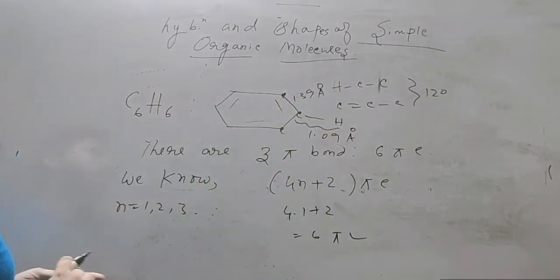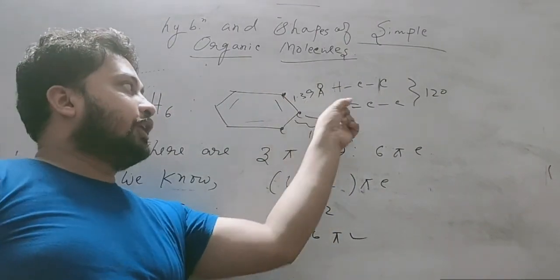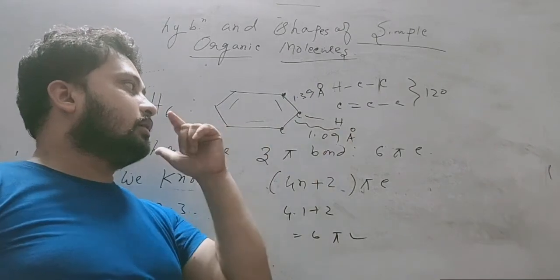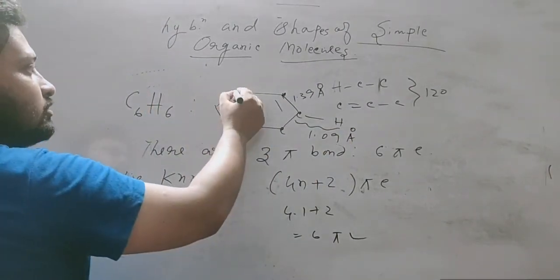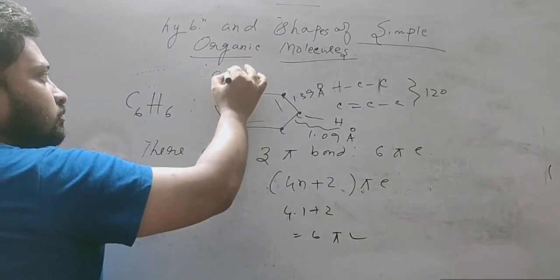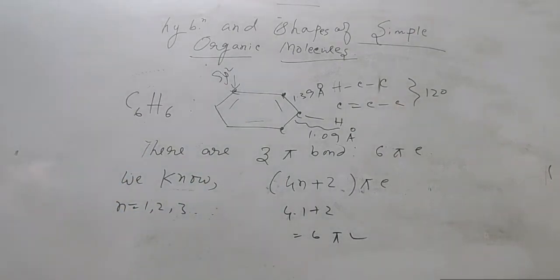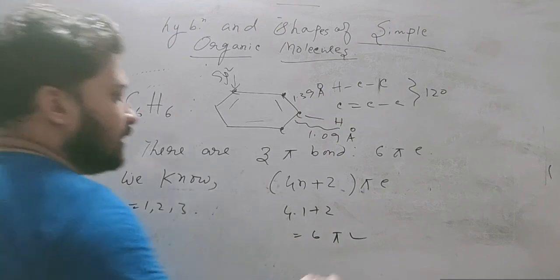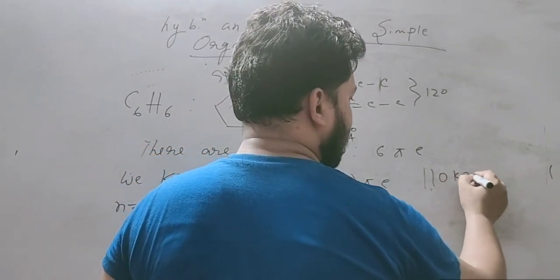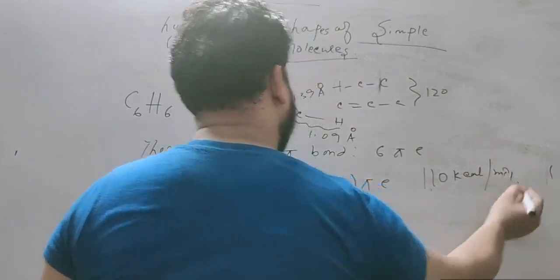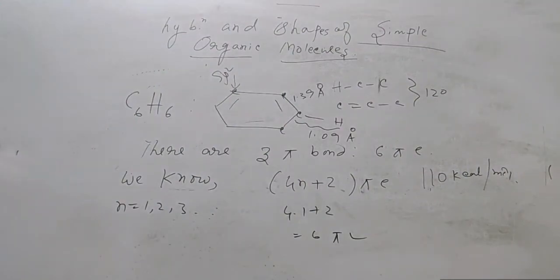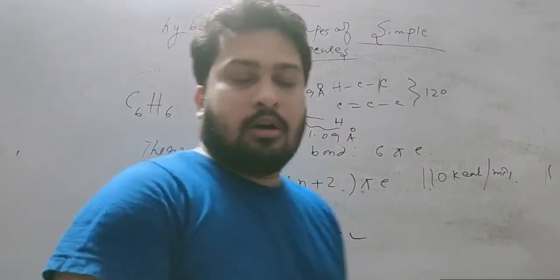The hybridization of each carbon is sp2, and the required energy is 110 kilocalorie per mole. That's enough. So this is the aromatic compound.